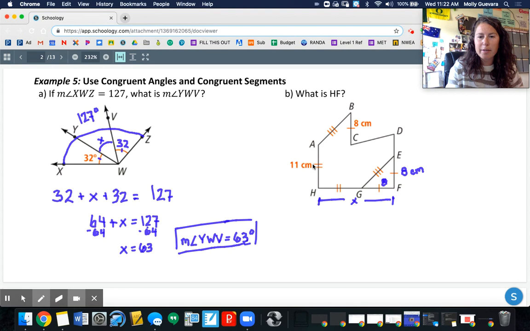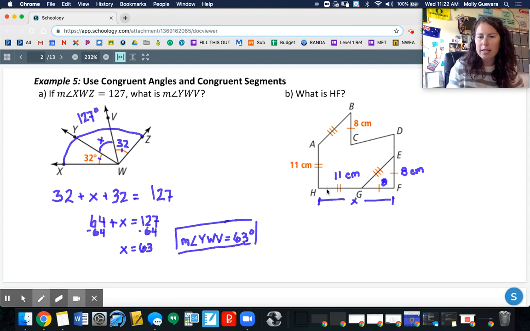Then I see that my 2 tick marks is 11 centimeters. I don't know DE. I don't know CD. I don't know AB. I don't know GE. So that's it.